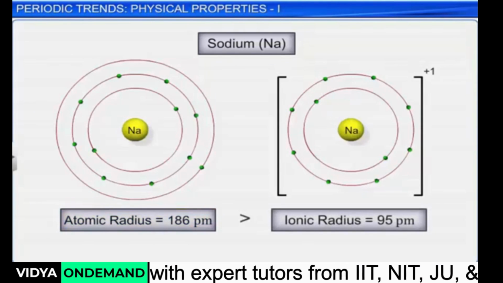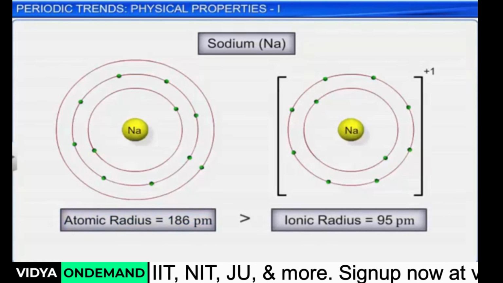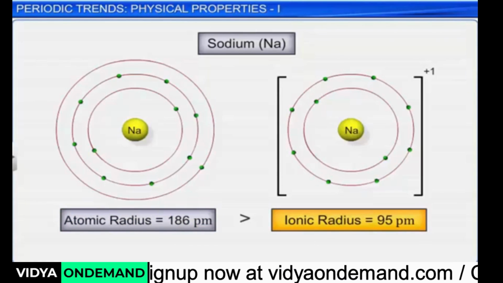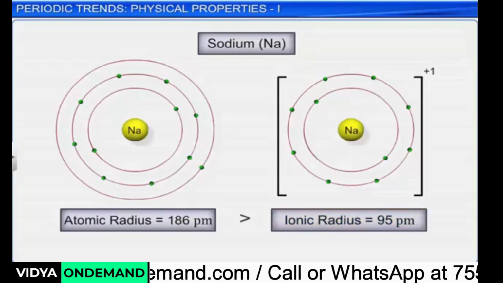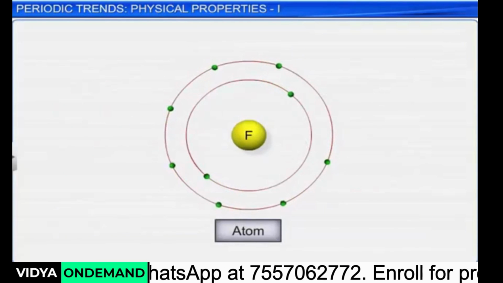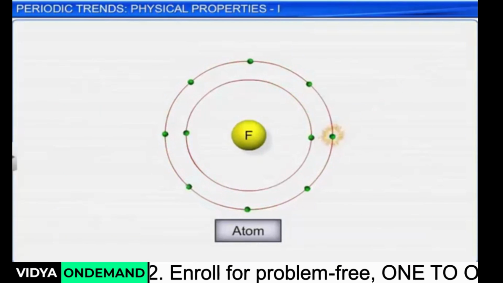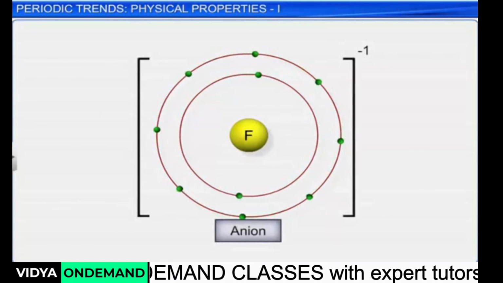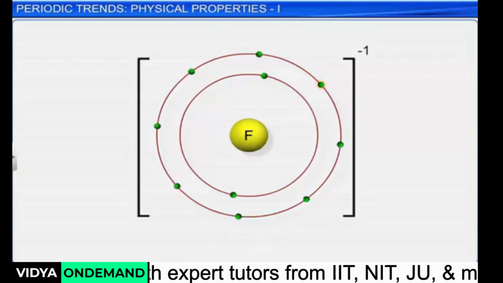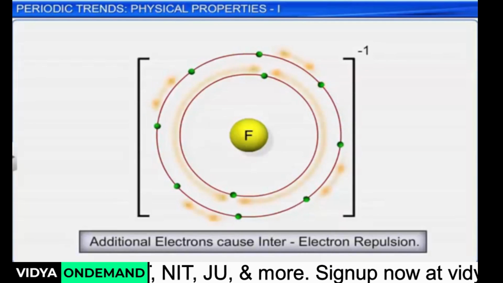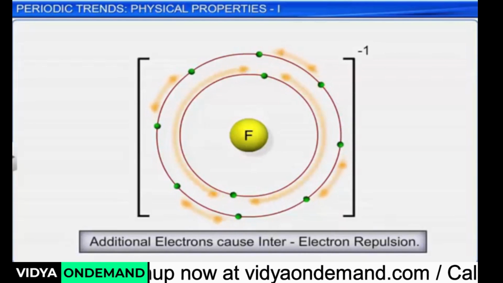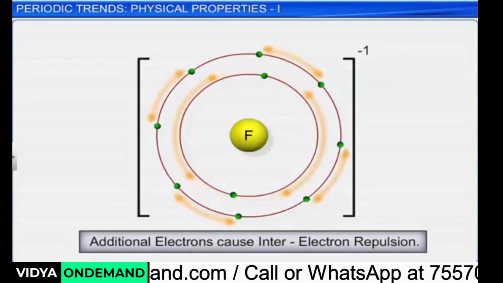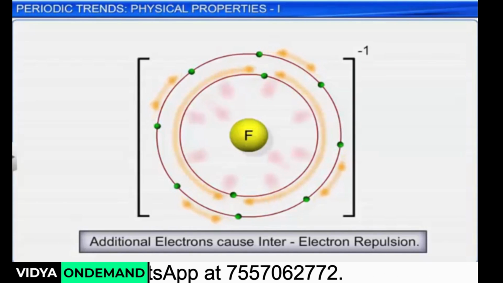Similarly, when a parent atom gains an electron, it forms a negative ion or an anion. The addition of one or more electrons results in an increased magnitude of inter-electronic repulsions among the electrons and a decrease in the effective nuclear charge. Therefore, the size of an anion is larger than that of the parent atom.